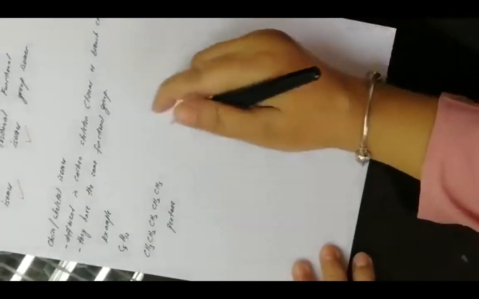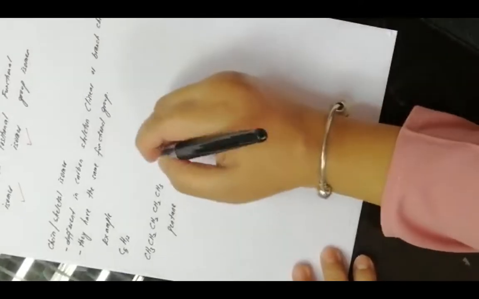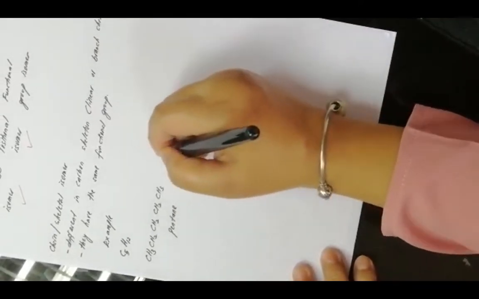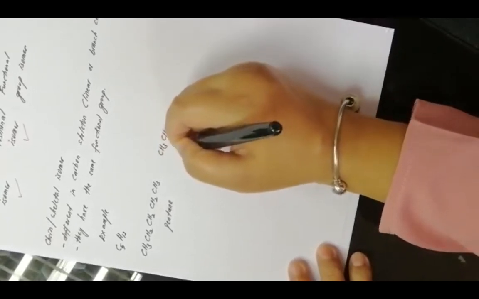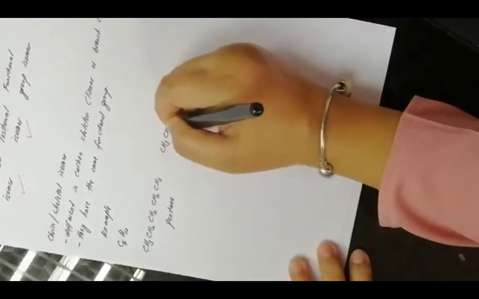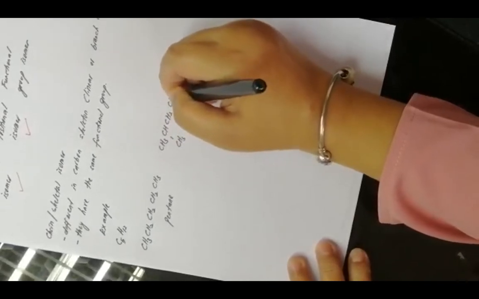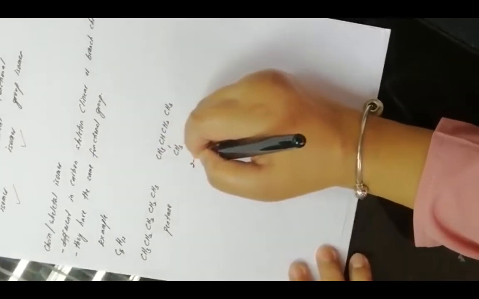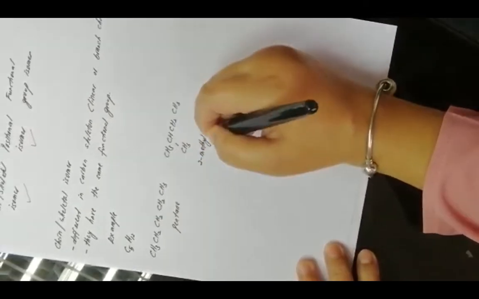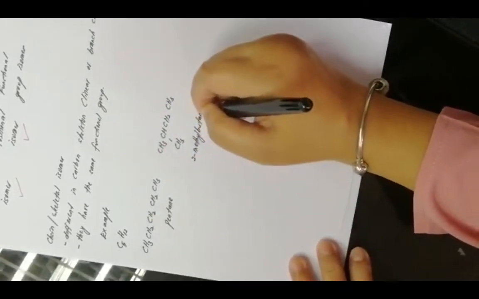Alright, the second one we can write as a branching: CH3, CH, CH3, CH2, CH3. So the name of this structure is 2-methyl butane.